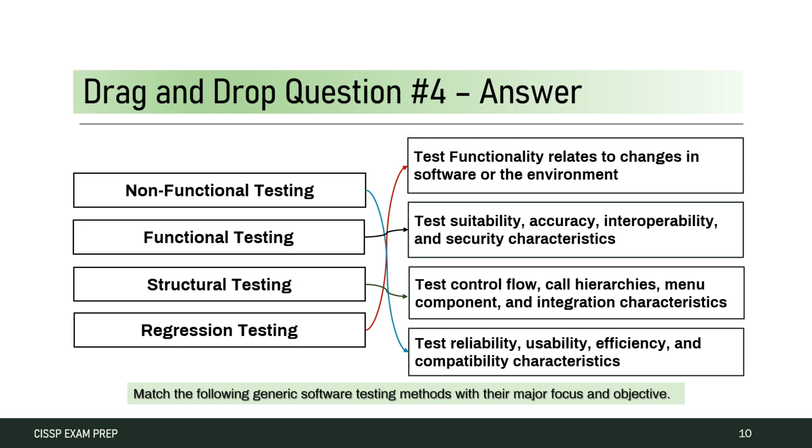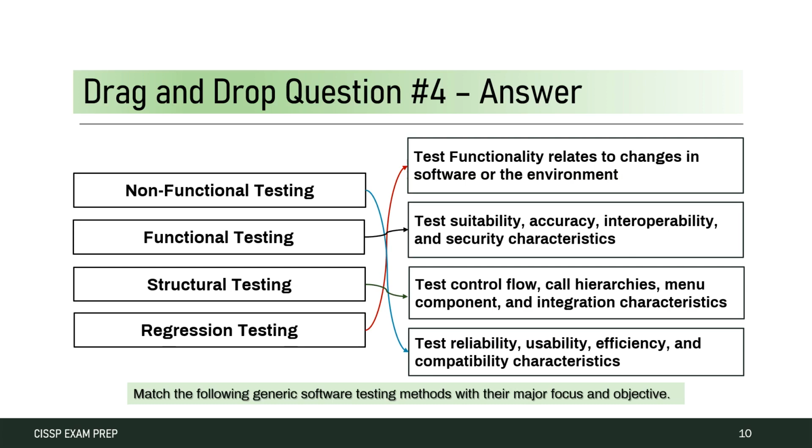For example, testing how accurate a calculation is would be functional testing. Structural testing is more about testing the control flow, the call hierarchies, components in your menu, and integration characteristics. You can see that on the left side we have the terminologies, and on the other side we have the definitions or explanations about what type of testing we have.